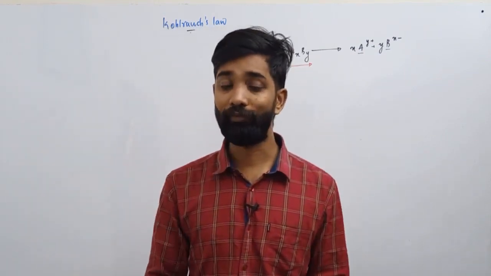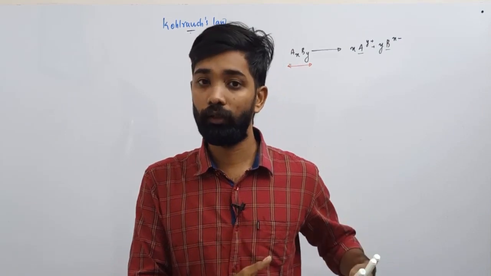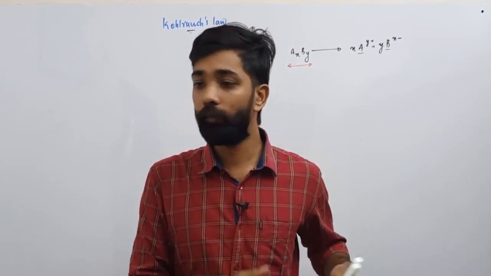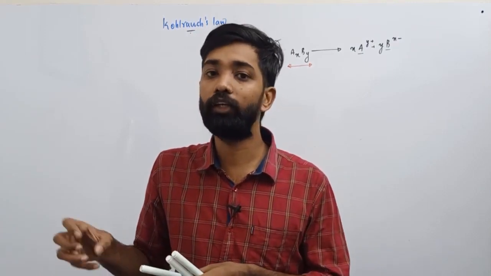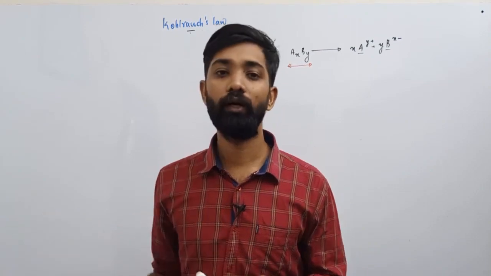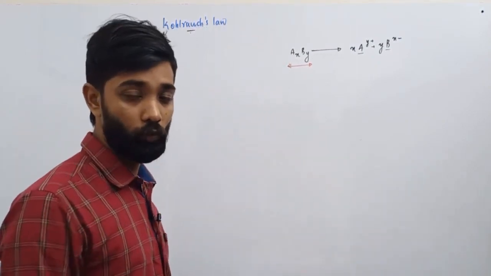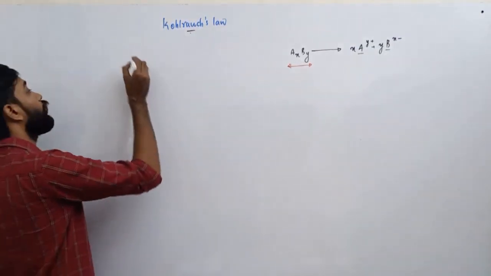To find the limiting molar conductivity of an electrolyte, you simply find the molar conductivity of its constituents, cation and anion, and make a sum. Then you obtain the molar conductivity of that electrolyte. So that is said to be Kohlrausch's law.